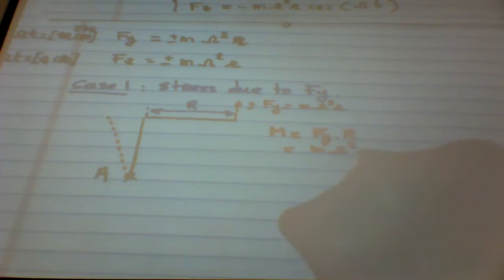So the moment then will be equal to m omega squared, letter r, capital R. Notation becomes complicated. And this will be inducing what? Bending stress at A.